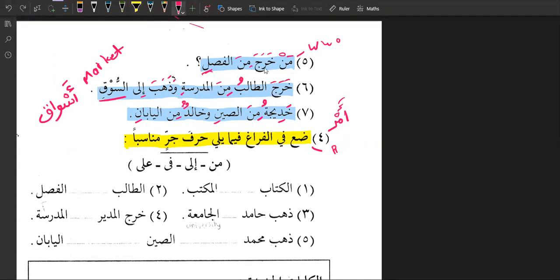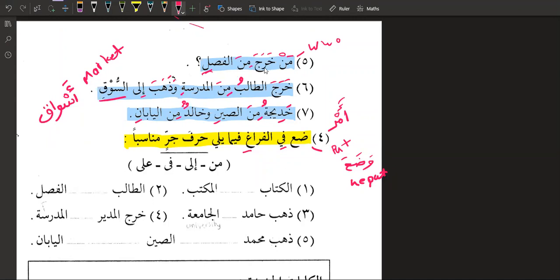The past tense would be وضع, like خرج and ذهب; وضع means he put. For example, وضع حامد الكتاب على المكتب. Hamid put the book on the table. في الفراغ means in the blank space.